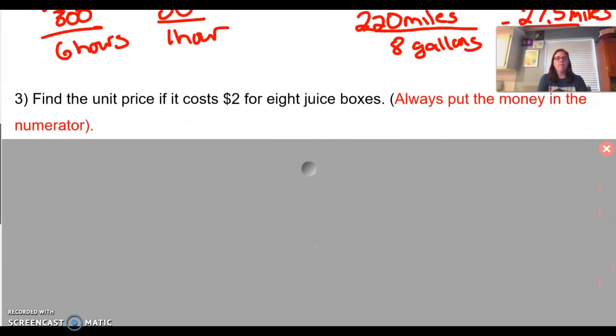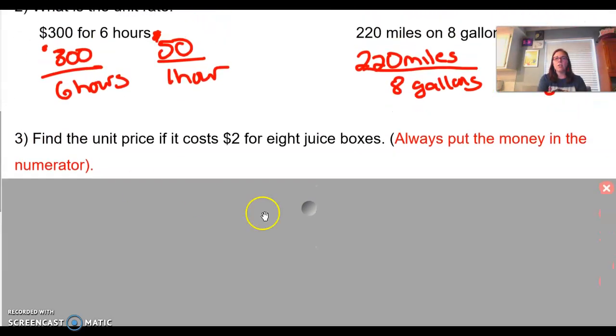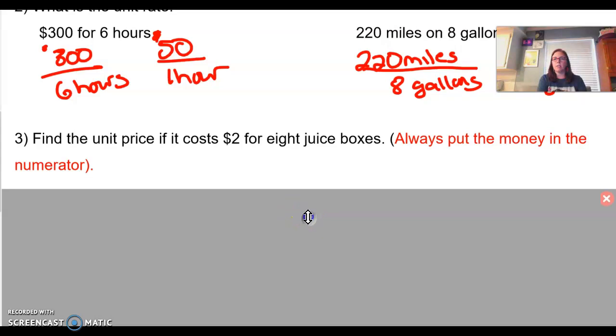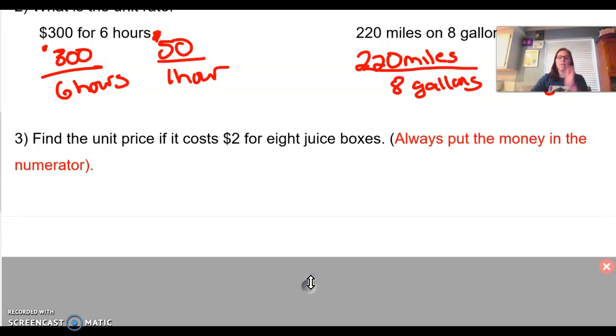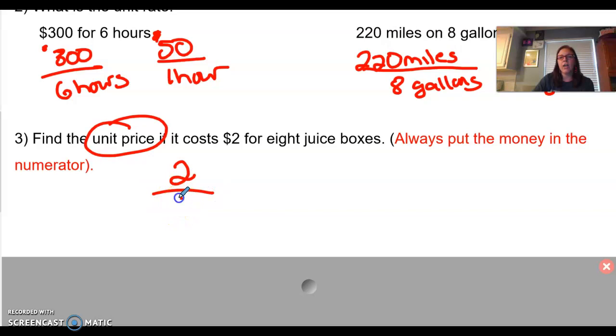Find the unit rate if it costs $2 for 8 juice boxes. If it's find the unit price, we're always going to put the money on the top. $2 for 8 juice boxes.